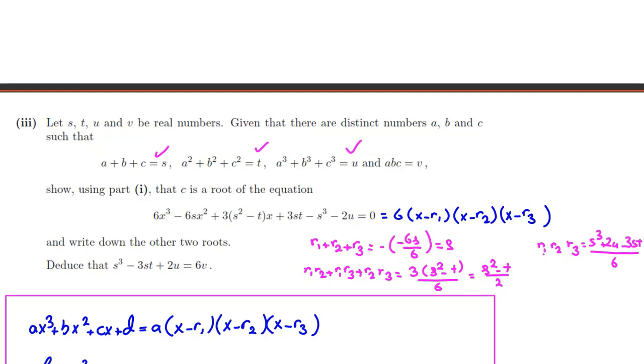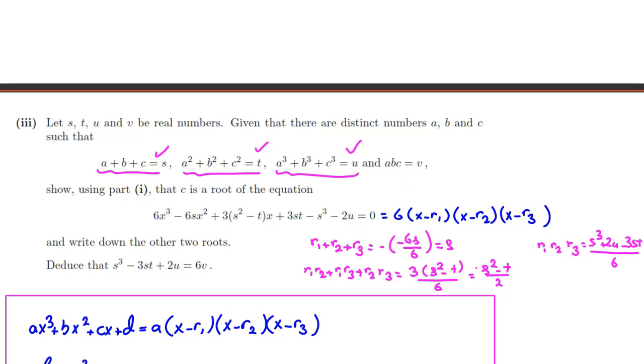So we will see this part. r1, r2, r3 satisfy this part and this part. So r1, r2, r3 are determined, and the roots are a, b, c. We have a unique polynomial that has these roots because it satisfies these three equations.